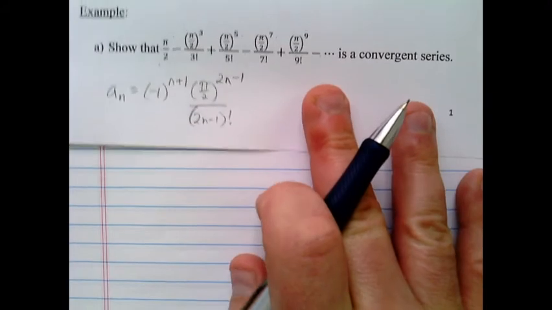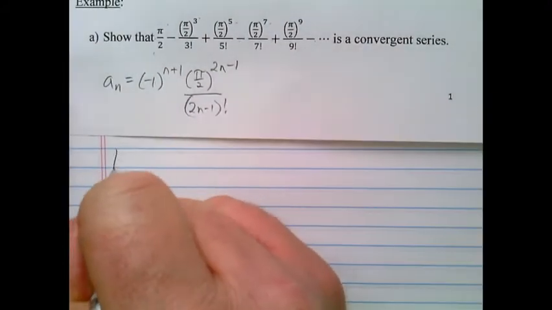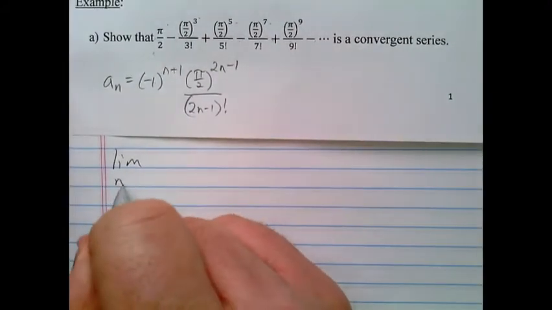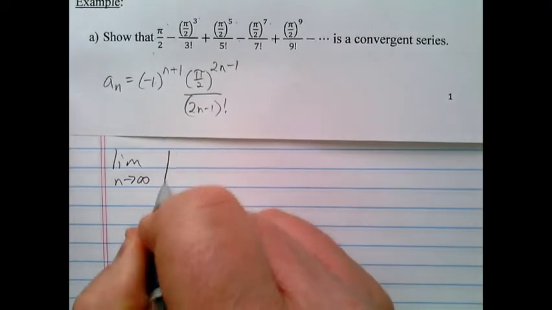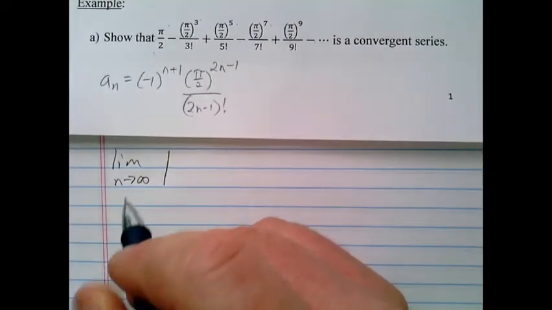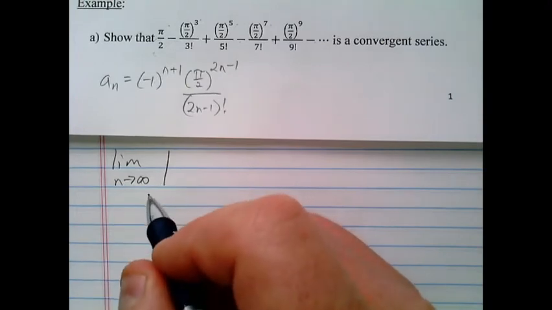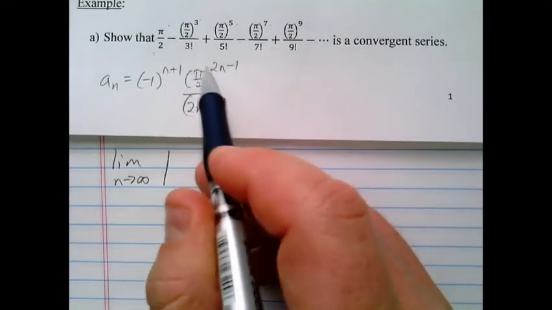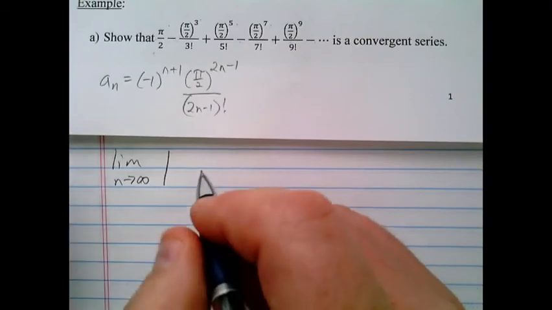I can say, alright, we are going to take the limit as n goes to infinity of the absolute value. Now we're actually going to start with the n plus 1 term, so I've got to add a plus 1 to all of these n's.